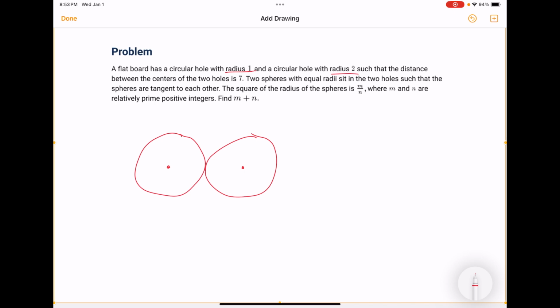So if this sits in hole number 1 and this sits in hole number 2, then it should be clear that one sits higher than the other.